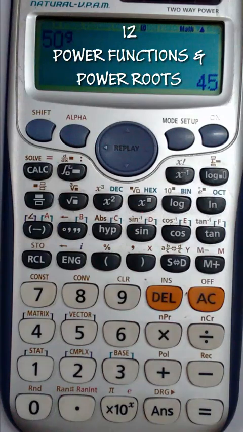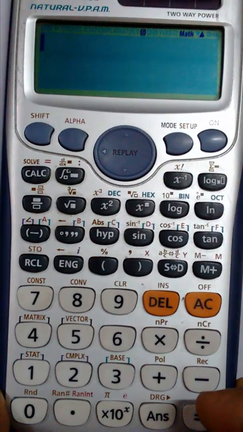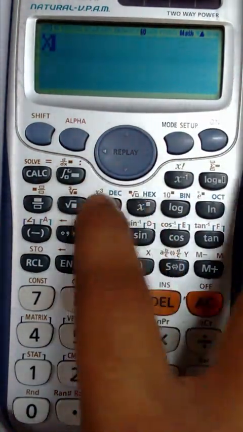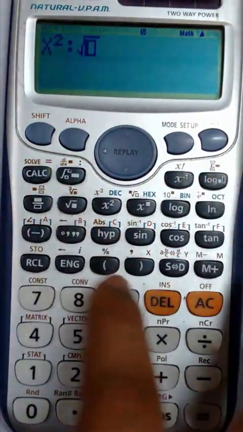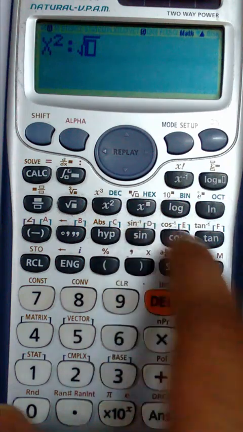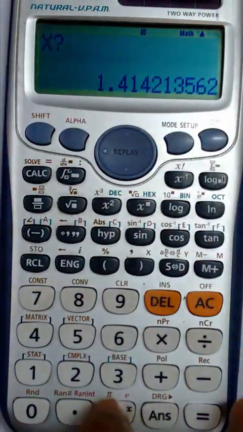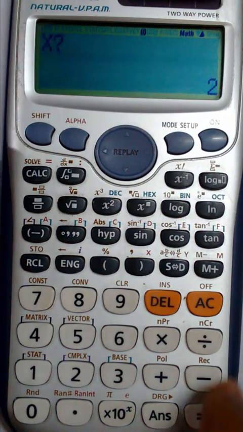Now next technique is for the power functions and the power roots. Suppose I want to calculate the square of 2 and the root of 4. Here I am using the expression alpha X square, and root of alpha X. Solve where X is 2: X square is 4, and root of X is root 2.